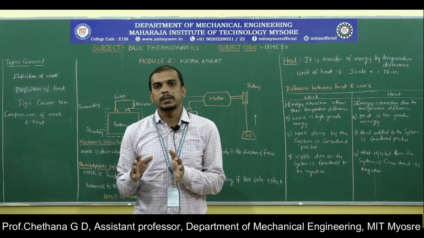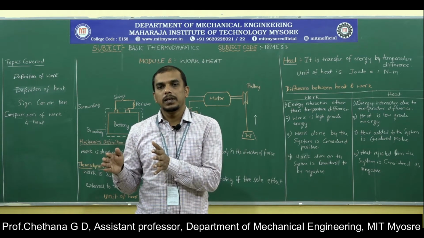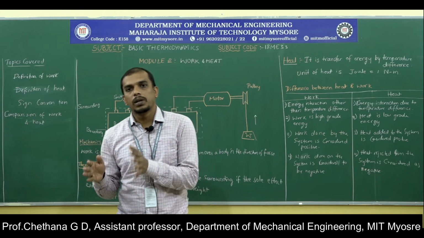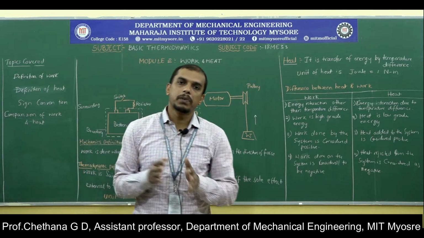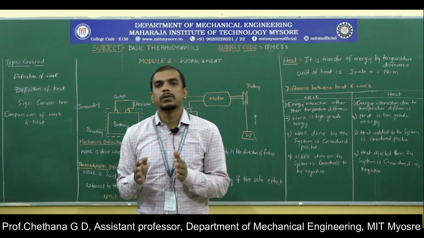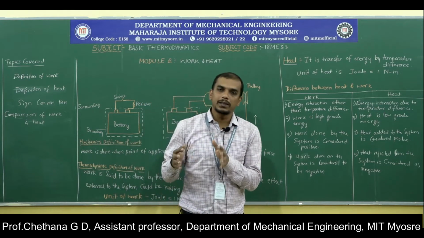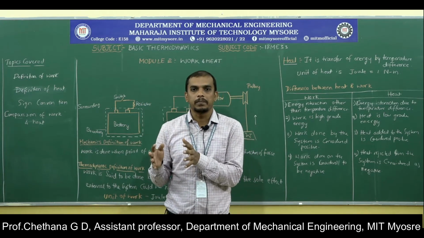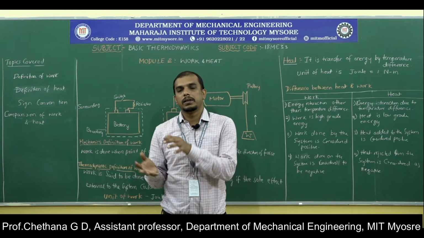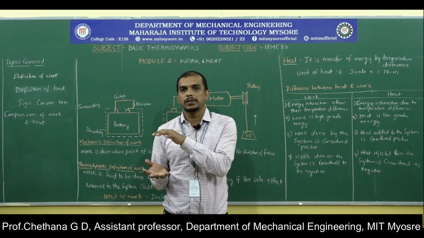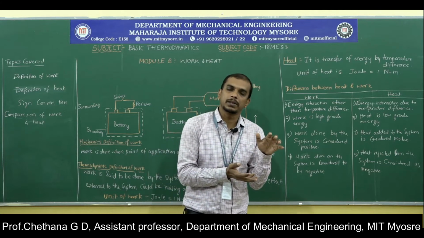Heat is defined as a form of energy which transfers only by the virtue of temperature difference. If that is happening, you call it as heat. You cannot say that heat is stored in a body. The body may be having higher temperature, you say, the body will have lesser temperature.